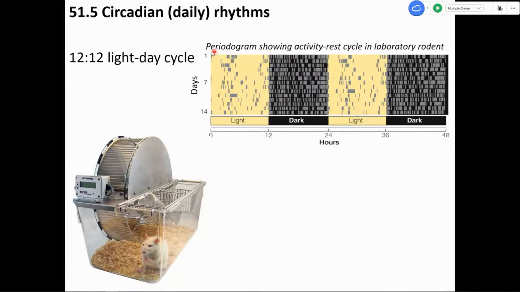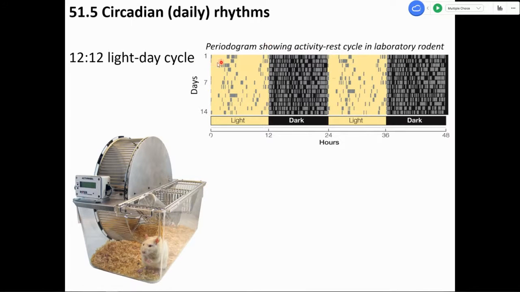This can be expressed in this so-called periodogram here, which is basically a plot showing their behavior. The way these plots work is, on the top row, this is day 1 during the light and then during the dark. These little gray bars indicate when this wheel was spinning around, when they were active, basically. So this is 1 day here, and this is the 2nd day with the light and the dark.